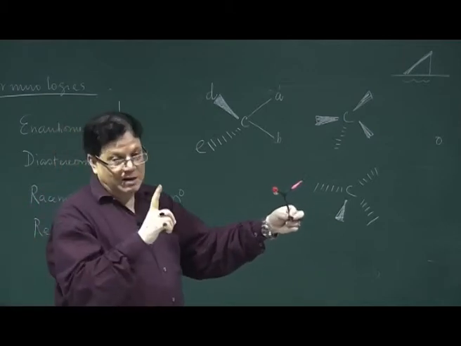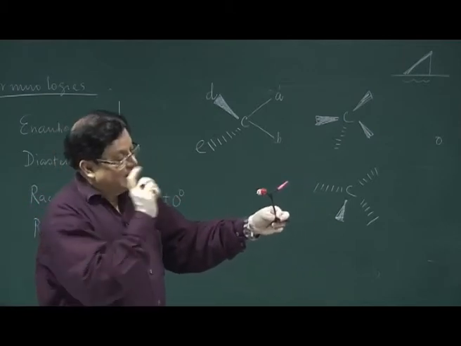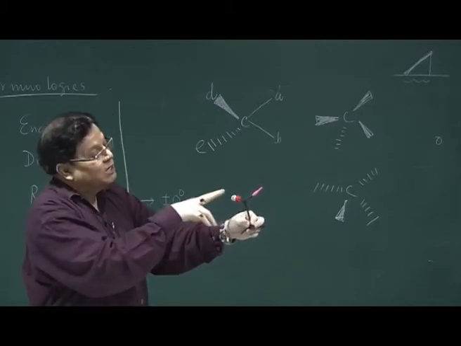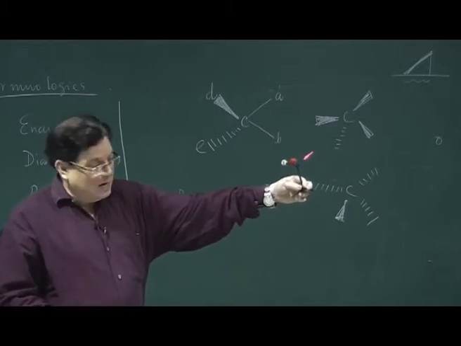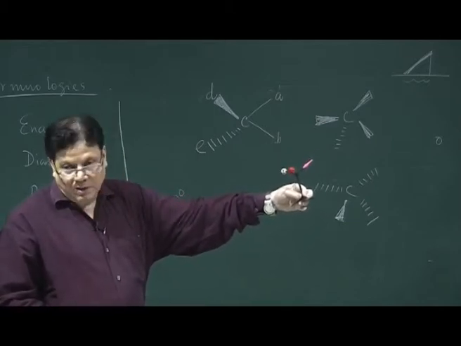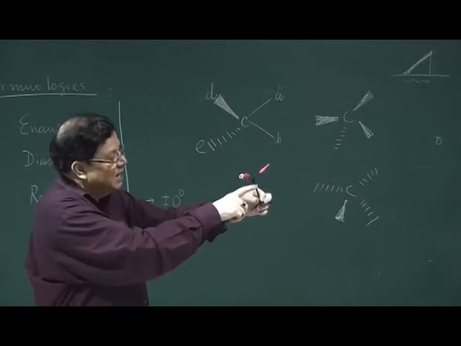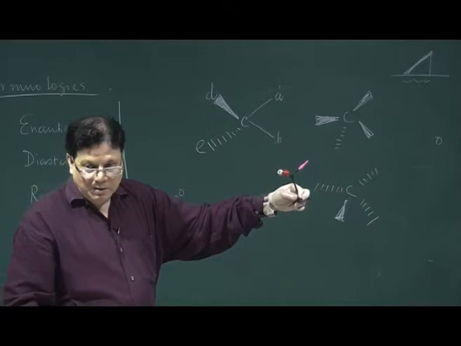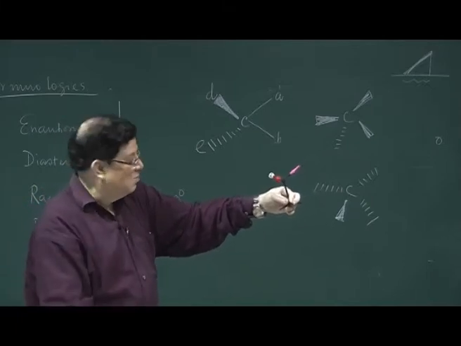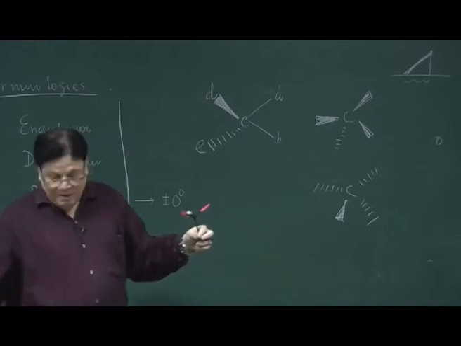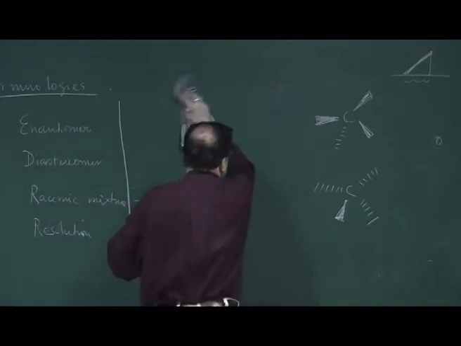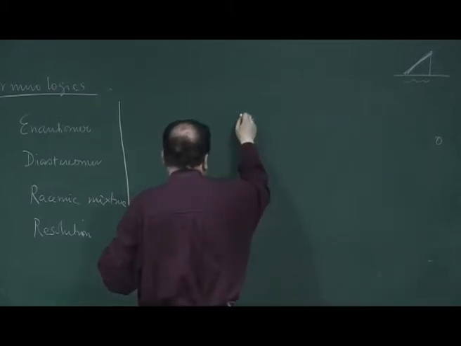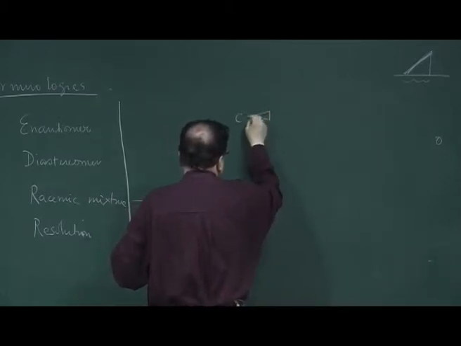But not only that, there is another restriction put in the Fischer projection: the bonds which are towards the observer should be in the horizontal direction, and the bonds which are away from the observer should be in the vertical position. So, basically, you hold the molecule in such a way that in the wedge formula it should look like this.